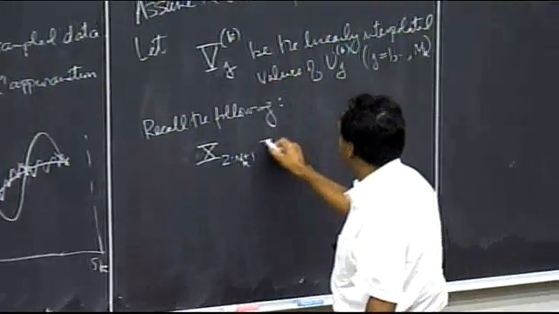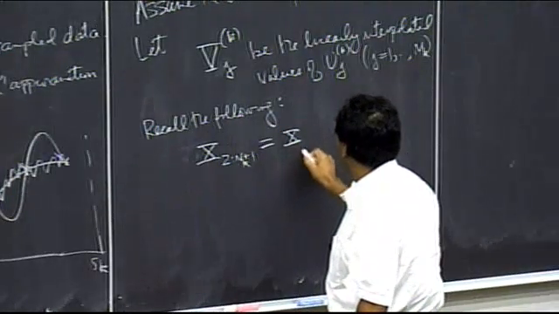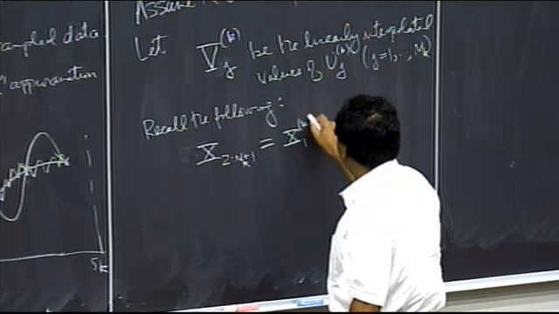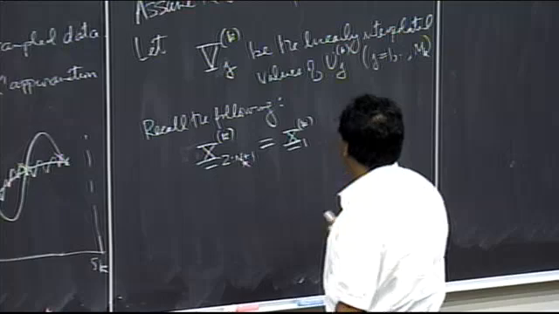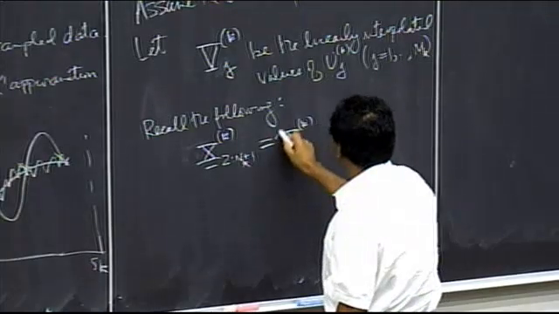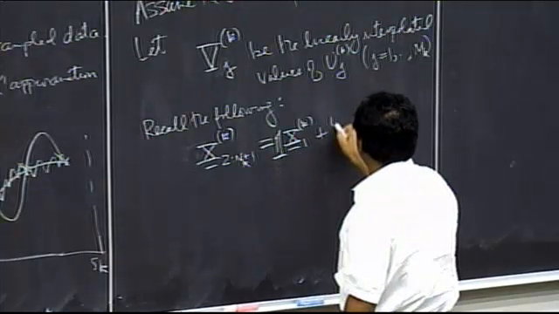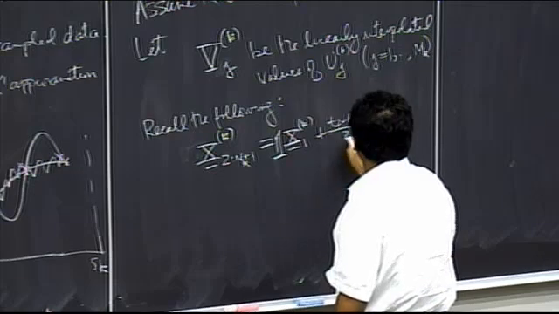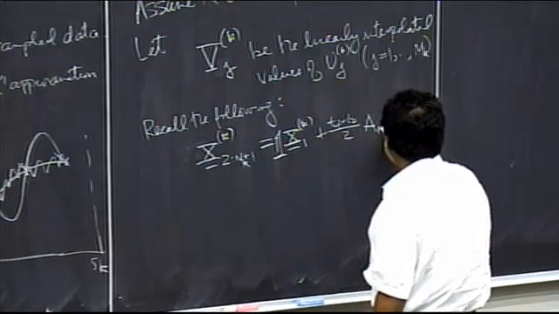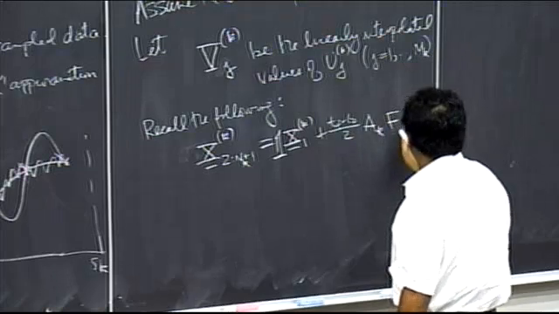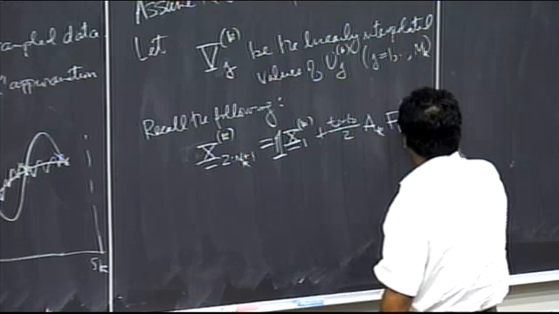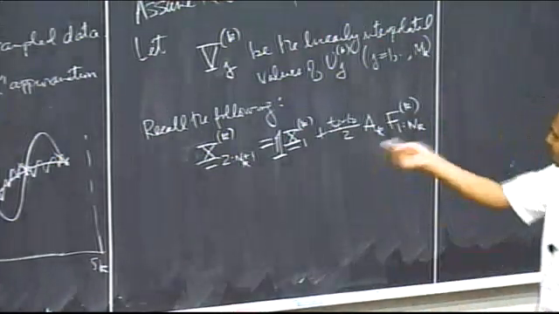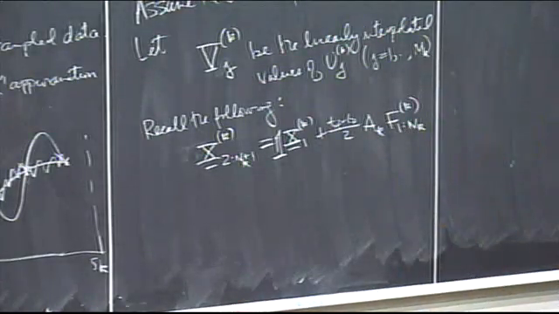Is equal to x 1 k, so this is all in mesh interval k, times 1 plus t f minus t 0 over 2 times A sub k times f 1 colon N sub k. Now, you remember what this is? I bet you don't remember what this is. I'm going to tell you what it is, but do you remember what it is?